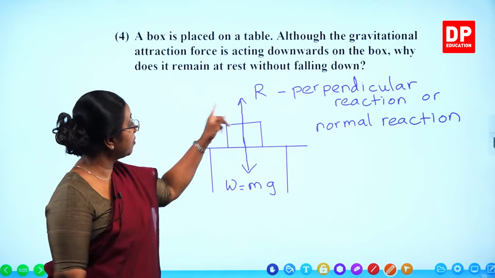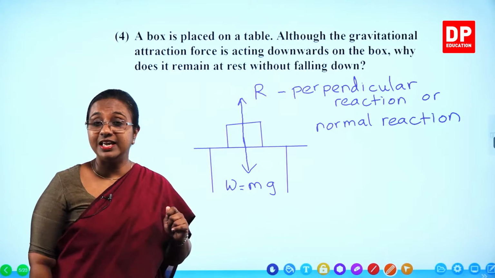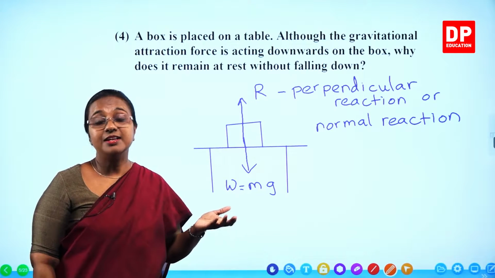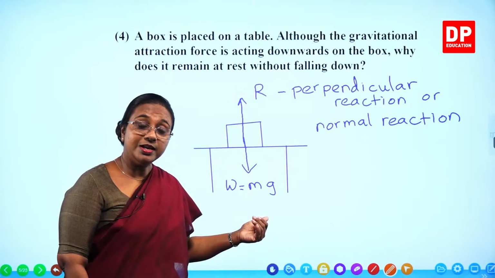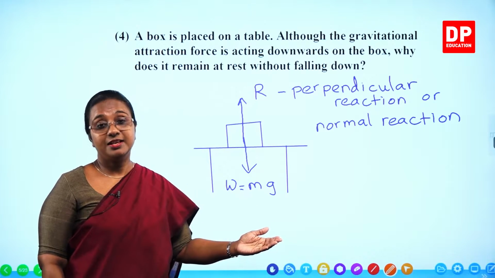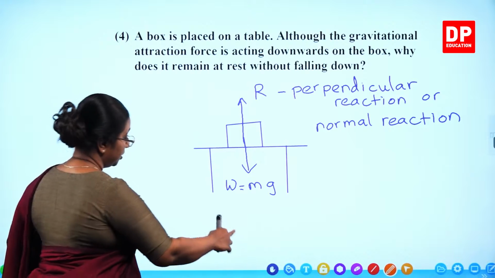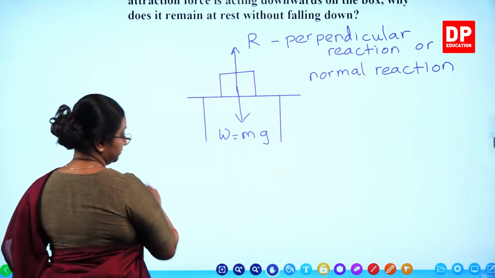And since the normal reaction R is equal to the weight, the object is at rest. They are equal in magnitude, opposite in direction. So that is what you have to write here.